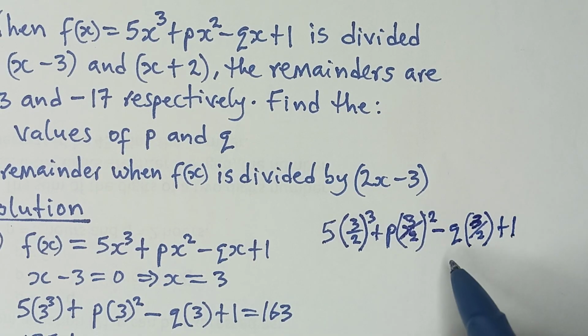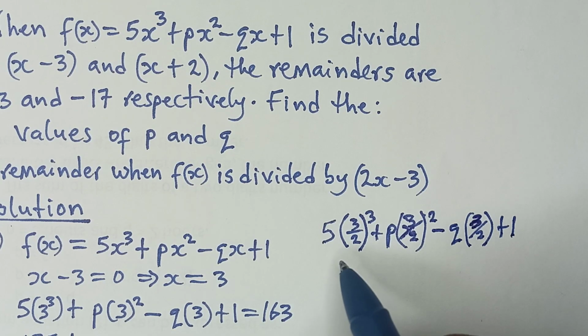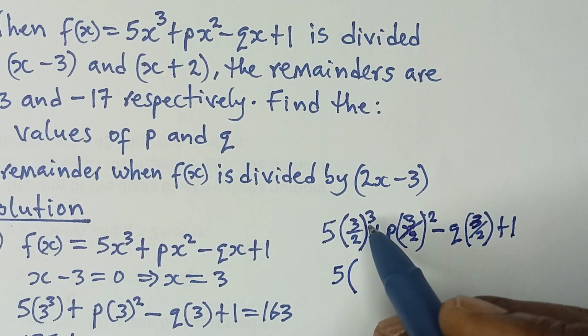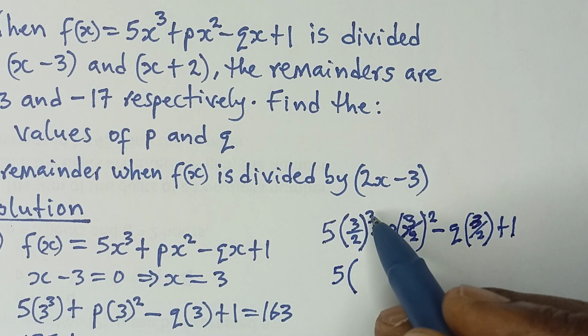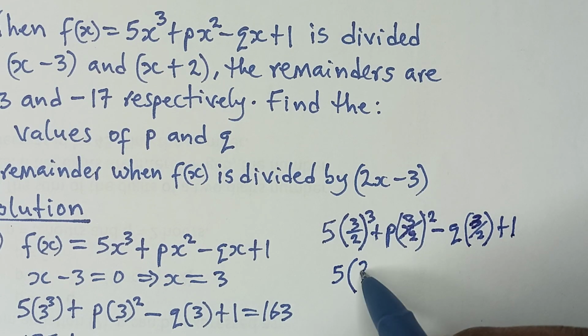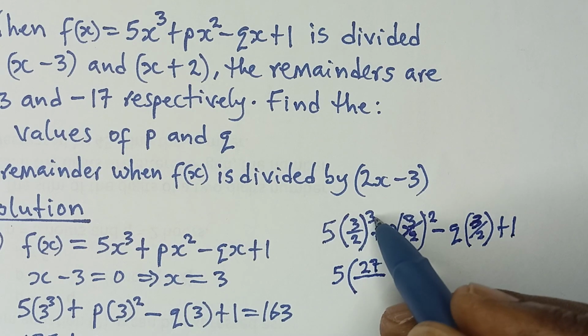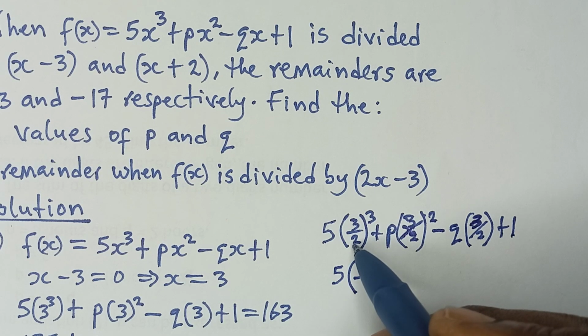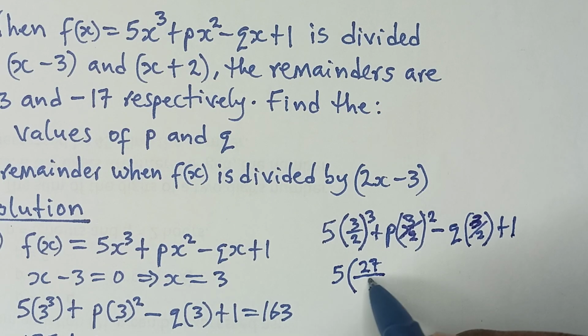So we simplify this, whatever it gives to us, that becomes the remainder. So this becomes 5, and then 3 over 2 raised to power 3 means 3 raised to power 3, which is 27, and then all over 2, this power will also affect 2 down here. 2 raised to power 3 is 8.